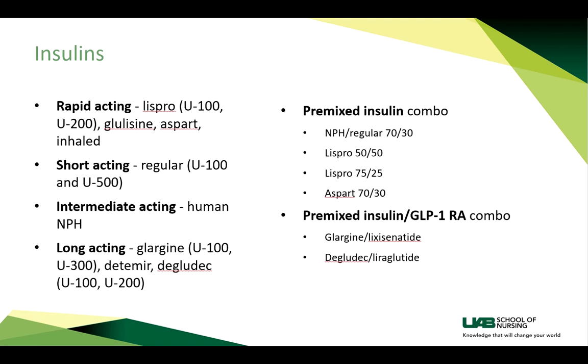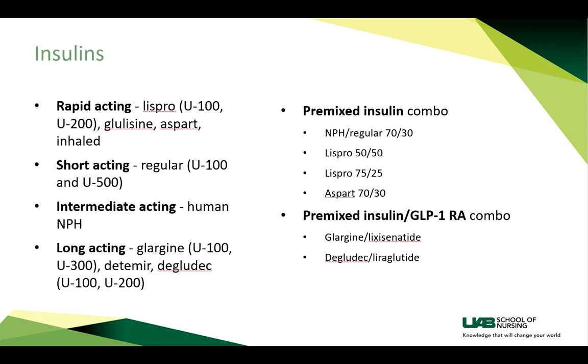We have intermediate acting insulin, which is human NPH insulin, and that is the only one that falls in that intermediate acting category. Then we have the long acting insulin category, in which glargine falls. It has U100 and U300 concentrations associated with glargine. We also have Detemir and Degludec that fall into the long-acting category, and for Degludec, we have U100 and U200 versions of that.